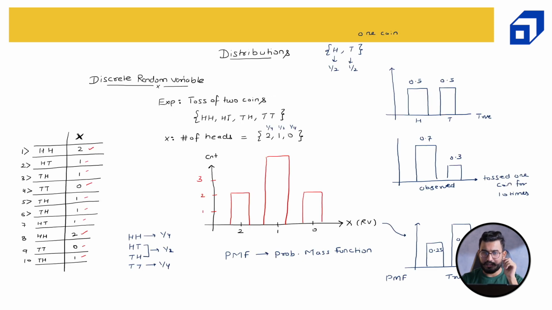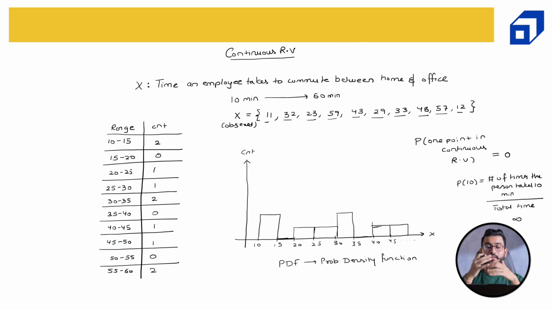Now within the discrete random variable and the continuous random variable, we have some very general distributions, some standard distributions that are very important in the field of statistics and probability. So that is what we are going to learn next: the various types of standard distributions that come under both discrete and continuous.